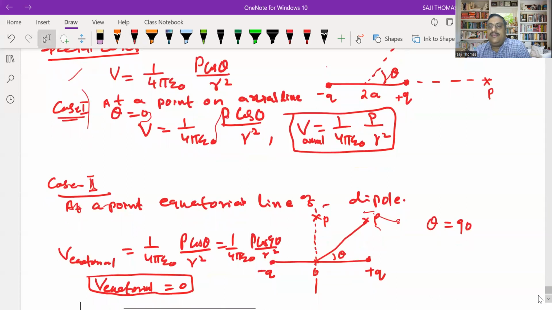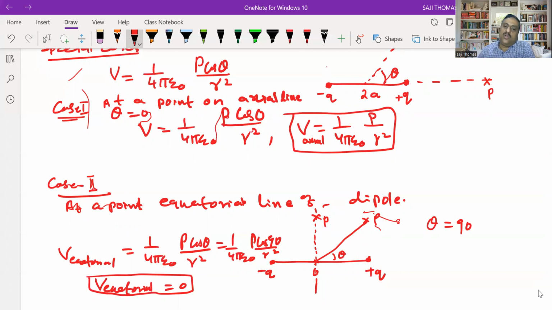Okay. What is the electric potential at a point on the axial line? V axial equals 1 by 4 pi epsilon 0 P by R square. What is the value of potential on the equatorial point of a dipole? It is 0 because this theta becomes 90 degree, right?